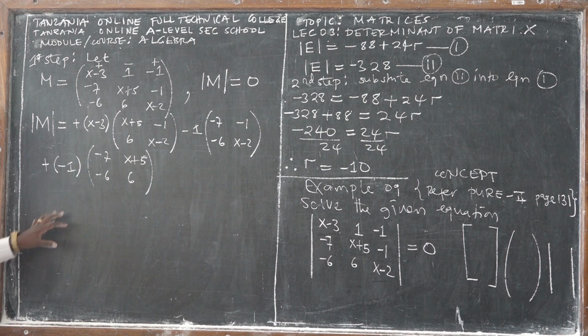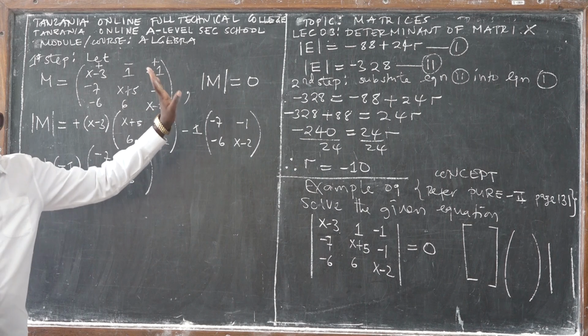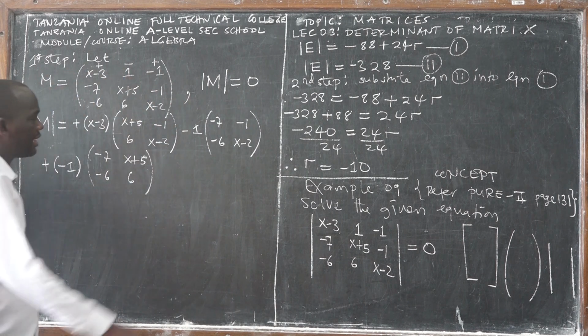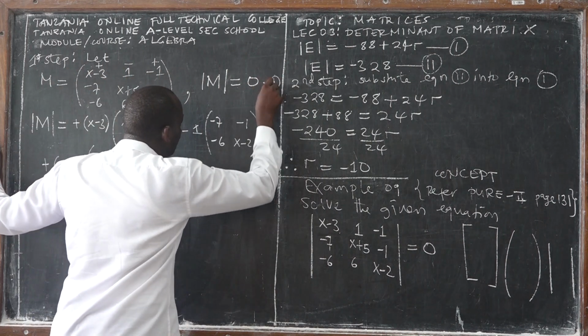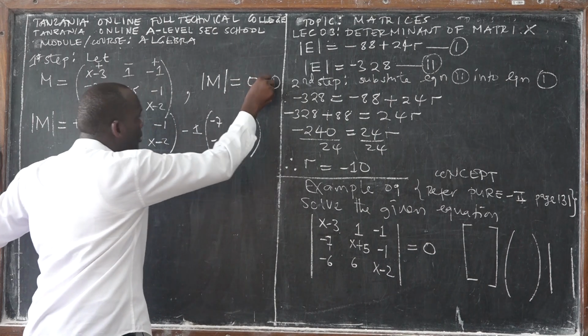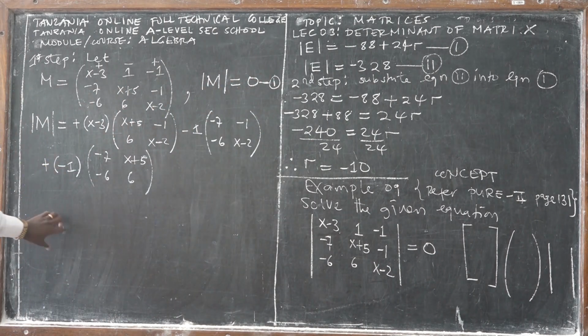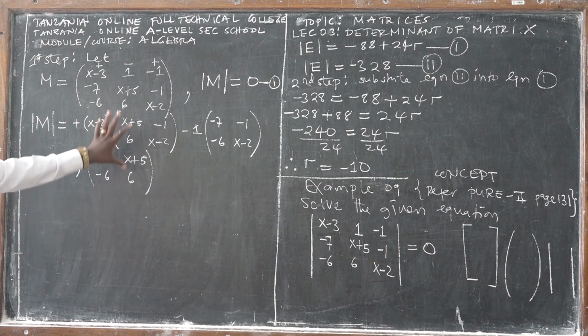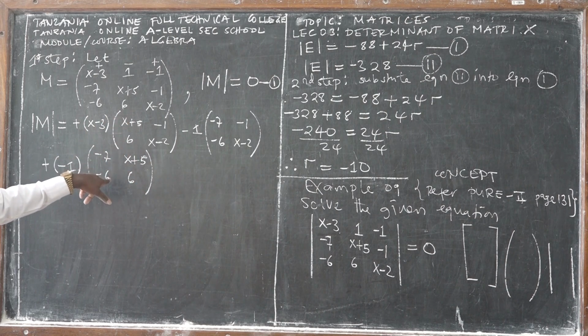For the time being, forget about the value of the determinant. Let us call this equation 1. We will come back to it later. Just deal with the determinant and find the determinants using the variable x.